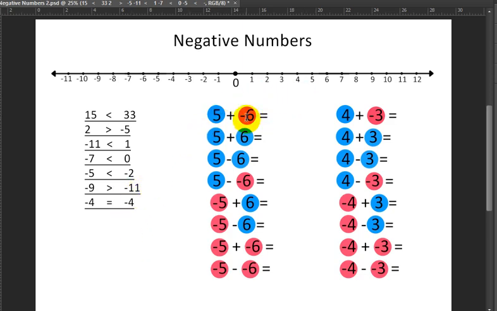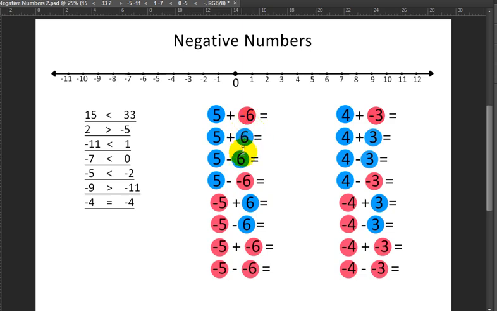Next, let's move on to the additions and subtractions. You can see here that we basically have every case possible for what number is in front, whether I'm adding or subtracting, and what number comes second. So 5 plus minus 6, 5 plus 6, 5 minus 6, 5 minus minus 6.